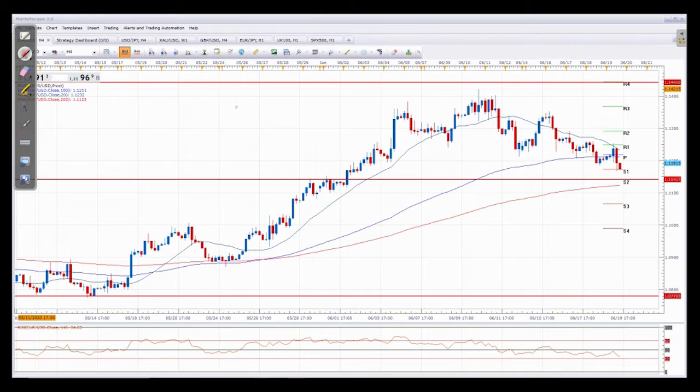Now, the 20 days moving average here is also saying that euro dollar has made a U-turn. Basically, it is facing downwards. It's not a permanent turnaround, but the 20 days moving average is saying that it's going down, and then the 100 days moving average, which is this blue one, has also been broken.